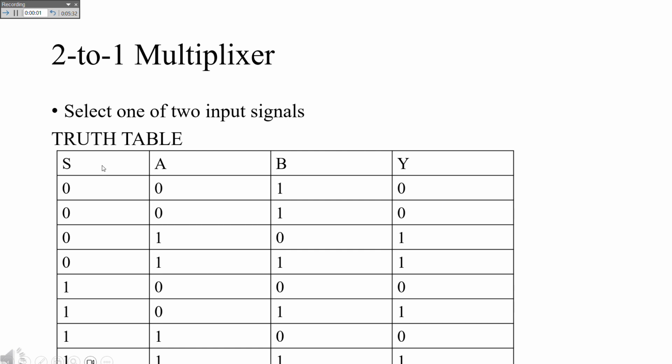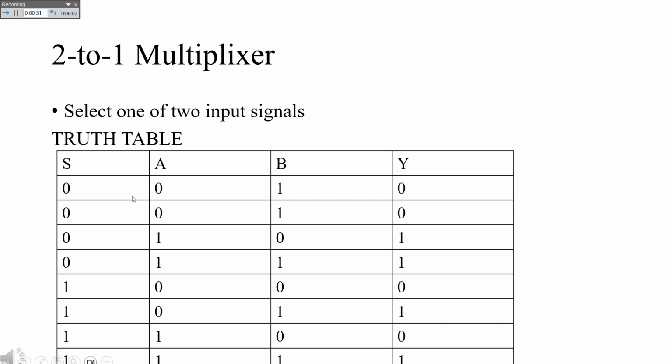Let's look at the 2 to 1 multiplexer. What does it mean? We mean that a multiplexer will select one of 2 input signals based on a select line. So the S in this table is the select line, A is an input, and B is also an input, giving us Y as an output.